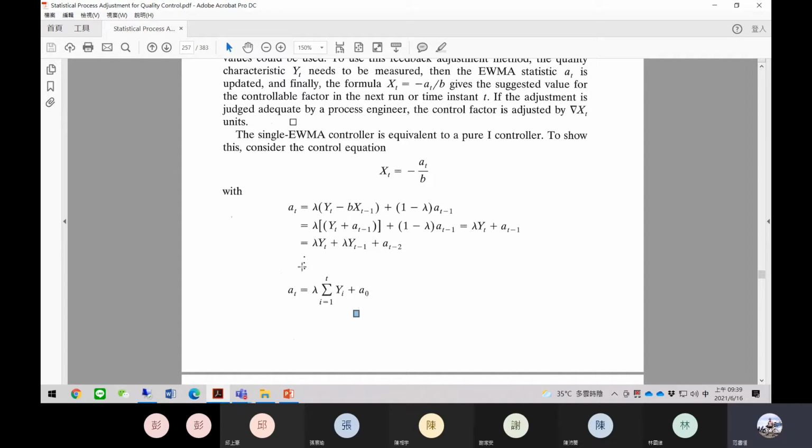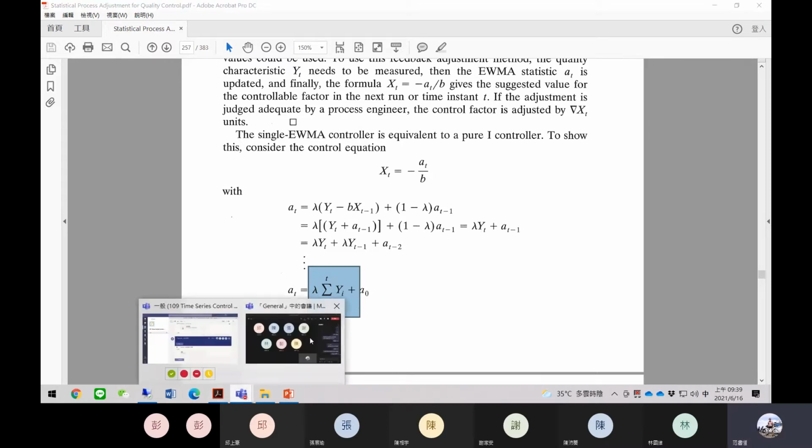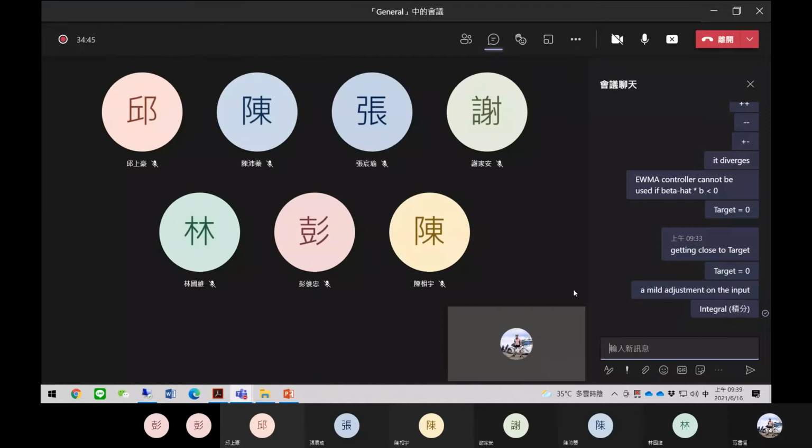Done. So what is this? The current estimate for the process offset is equal to the previous sum of the yt. Yt is the deviation from target. So this is a summation, so it is discrete.